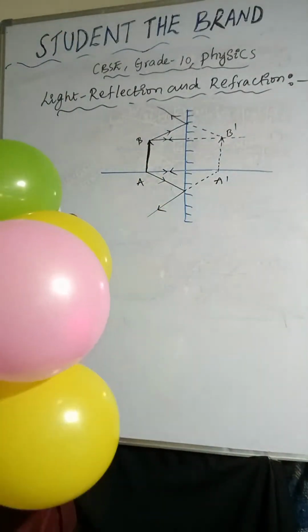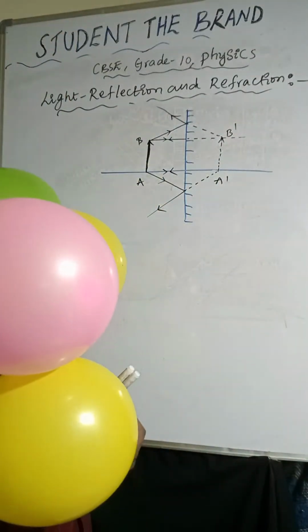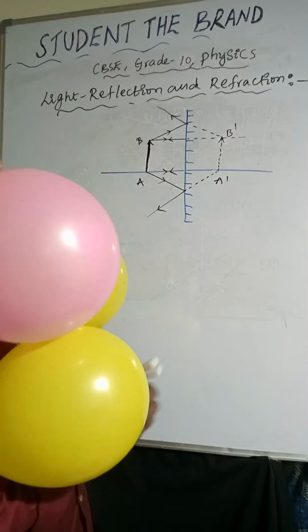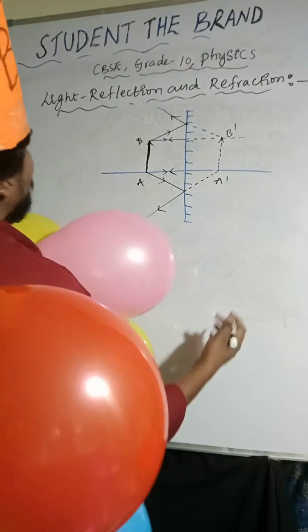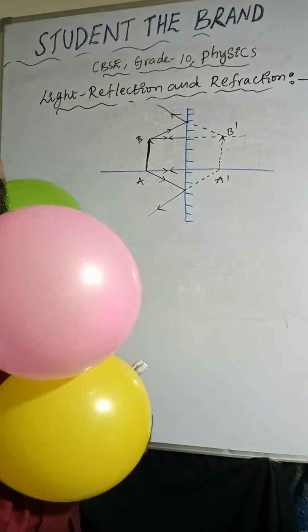The nature of the image formed by the plane mirror, that is, the characteristics of the image formed by the plane mirror.